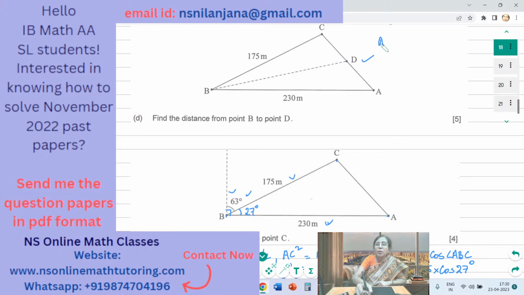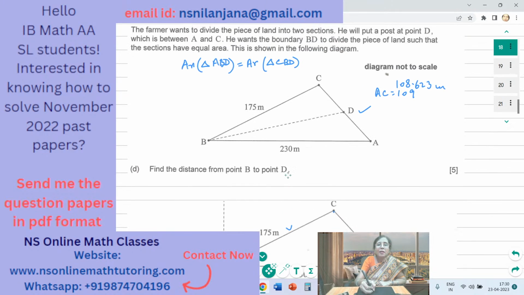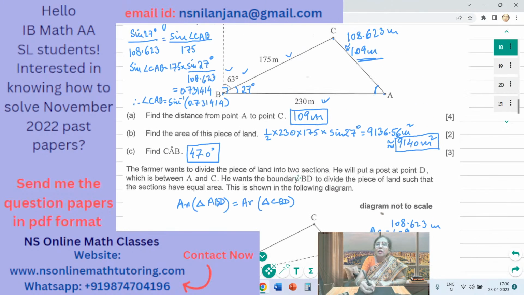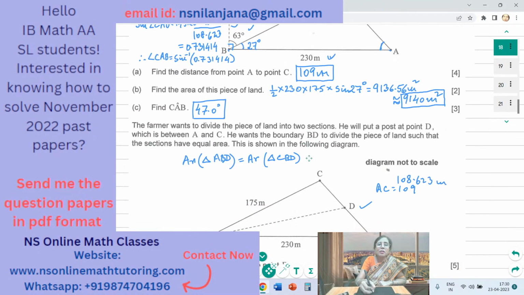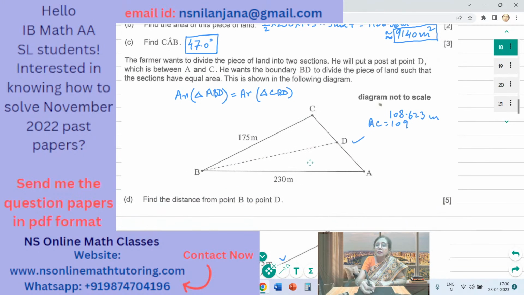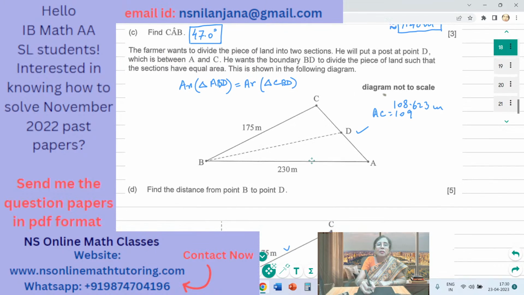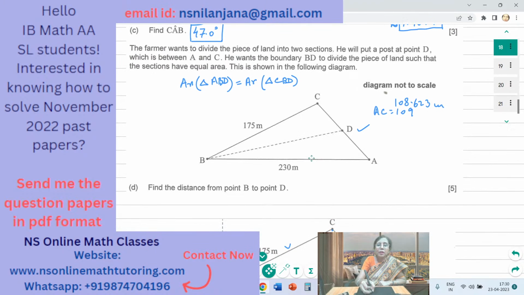AC is equal to 109 meters, or 108.6 meters, and this was 27 degrees.